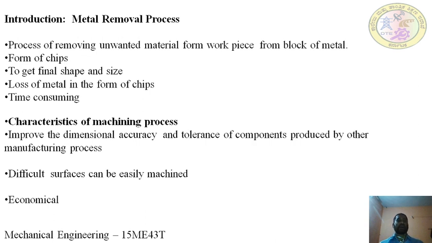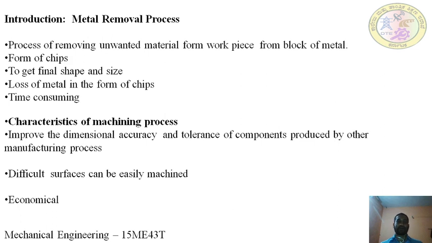The components produced from other manufacturing processes, that may be casting, or forging, or any other process, are not finished to the required shape and size. Components like shaft and bearing assembly, bearing housing, or piston and piston rod bore, everything requires accurate shape and size, and also a good surface finish.